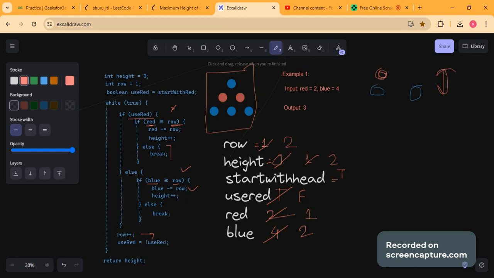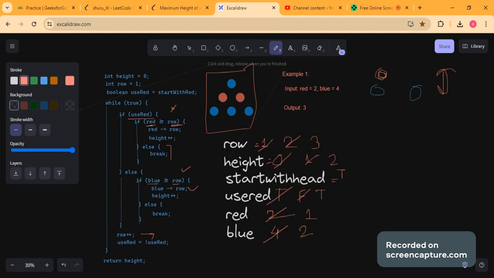Now we don't fall into this else condition. So we simply increase the number of rows. What is the number of rows? Number of rows is 3 now because now we will be working on the third row. And again we switch the color of the balls. So we make it true because now we are again using the red balls.